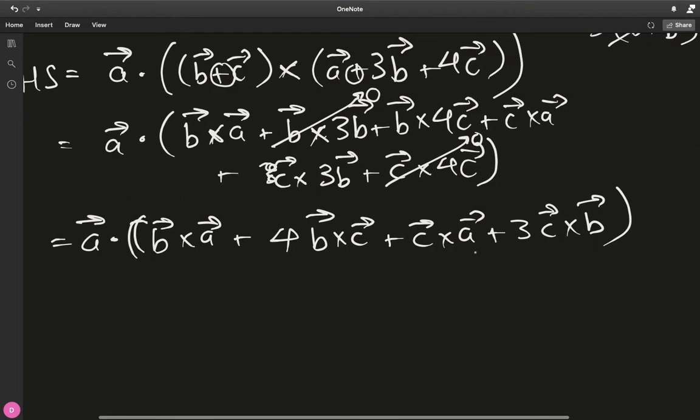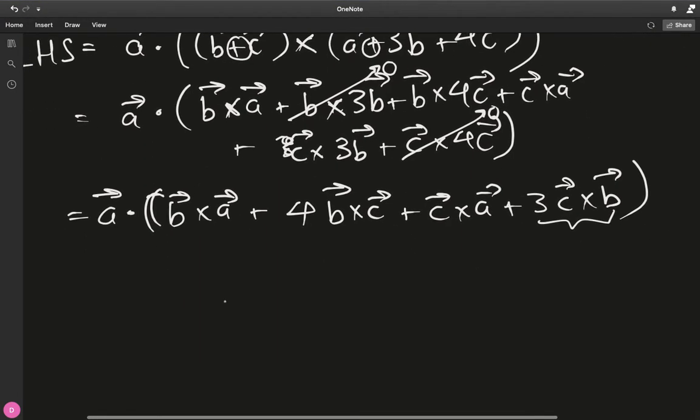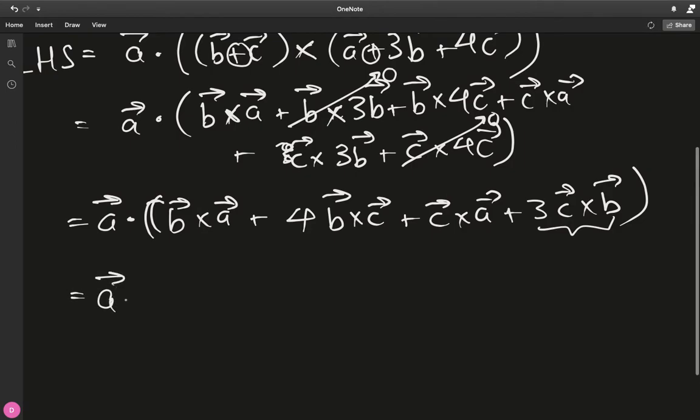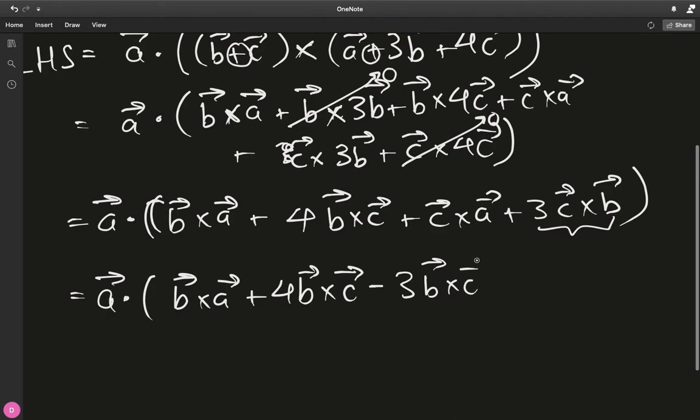Now what I'm going to do is actually flip the order of this cross product. So we have a vector dot b vector cross a vector plus 4b vector cross c vector, and when I flip the order, when I make it from c vector cross b vector to b vector cross c vector, since the cross product is anti-commutative, we'll have a negative 3 b vector cross c vector plus c vector cross a vector.